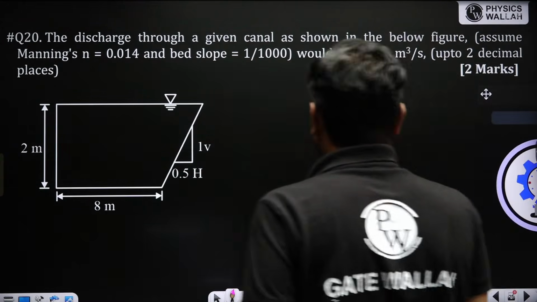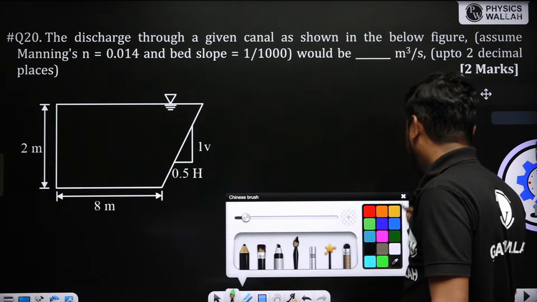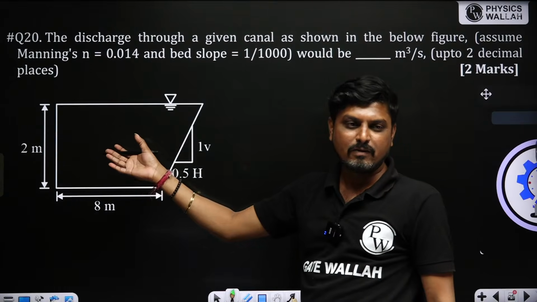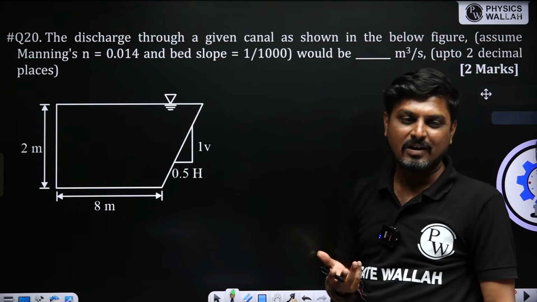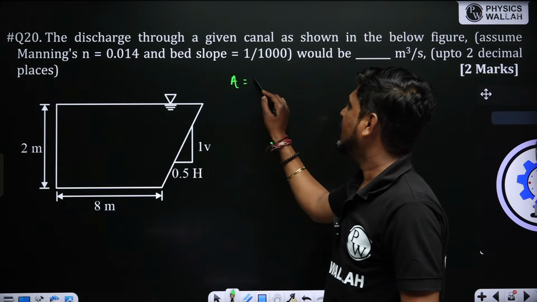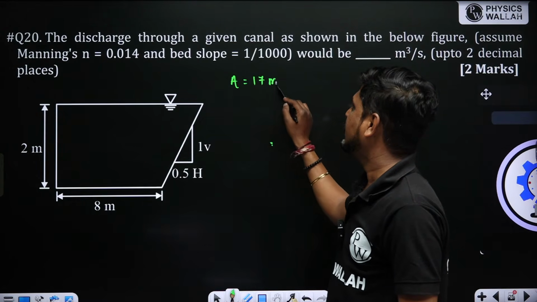Simple question. First, find out the area. How to find out area? It is your headache work. If you are not able to find out the area of this channel, then what? You will be writing the GATE exam within 15 days. So calculate the area, you will be getting 17 meters square.